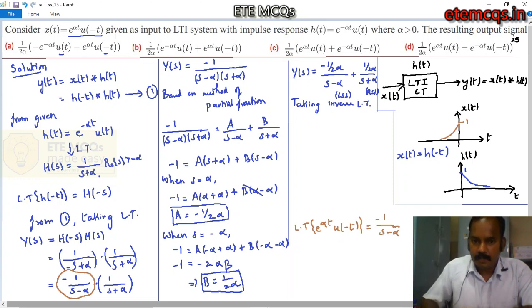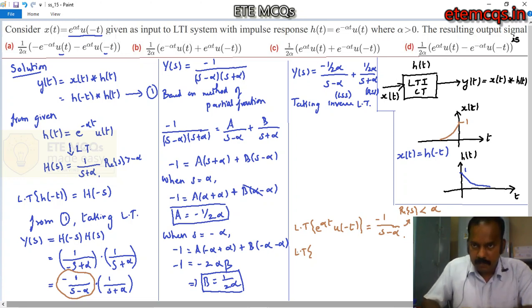Similarly, the Laplace transformation of the basic right-sided sequence. This is a left-sided sequence whose ROC will be real part of s, the pole is alpha, and since it corresponds to a left-sided sequence, you will just have a less than sign. This is the respective ROC.